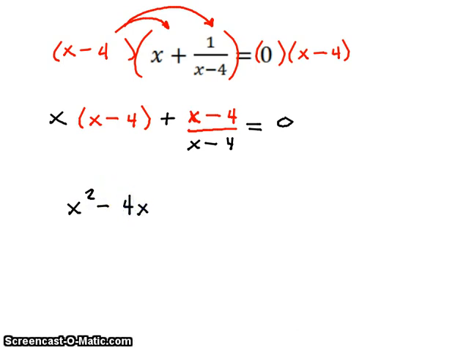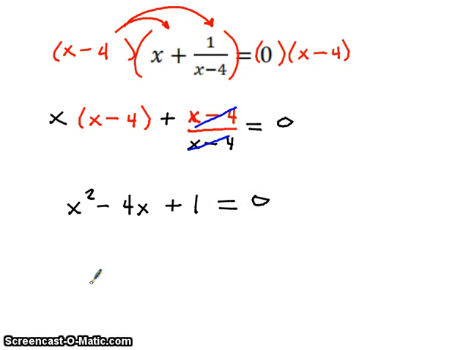And then we have x minus 4 over x minus 4, which crosses off. The 0 times x minus 4 crosses off to just give us a 0. So what we're left with at this point is x squared minus 4x plus 1 is equal to 0.